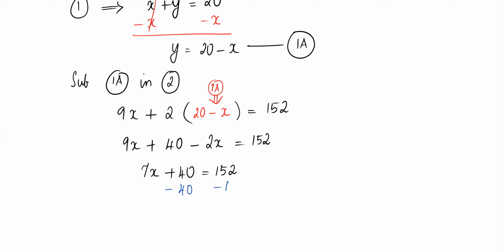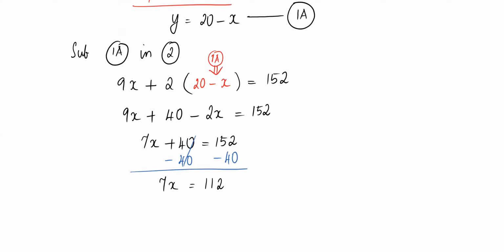Subtract 40 on both sides. Seven x equals 112. Divide both sides by 7, you get x equals 16.